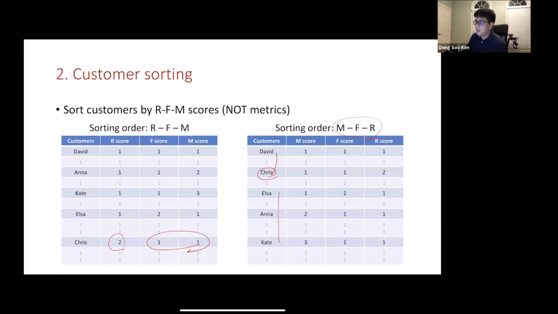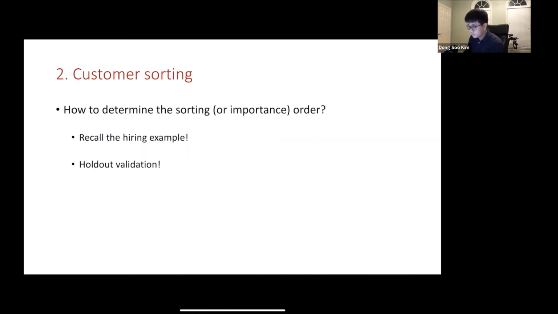But in the right table, instead of Anna, Chris is highly likely to be selected. Then, how to determine the sorting order or the importance order of RFM? Please recall the hiring example. We can use the holdout validation strategy to figure out the best one.